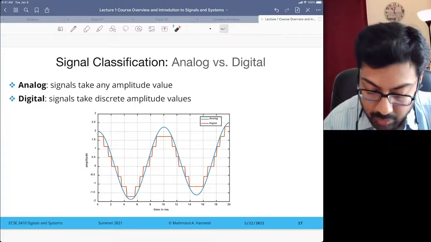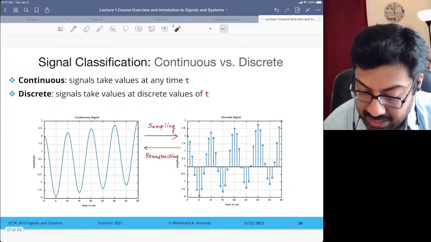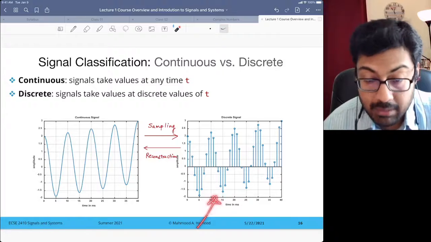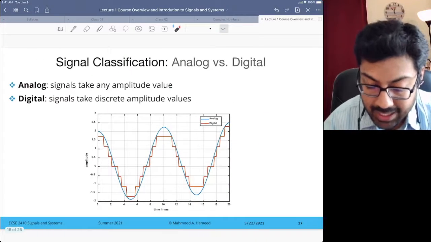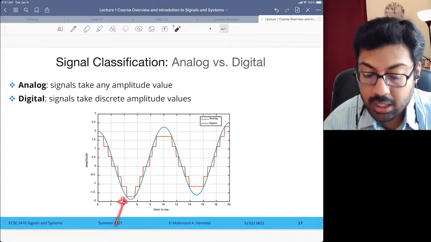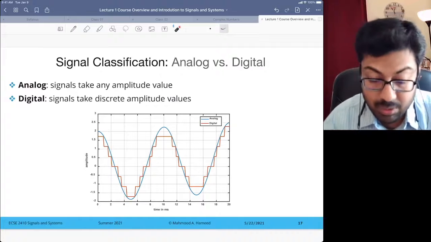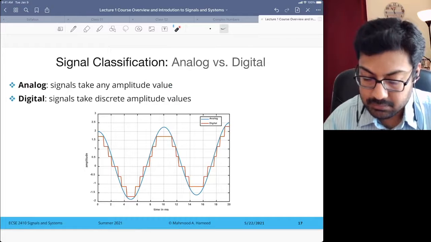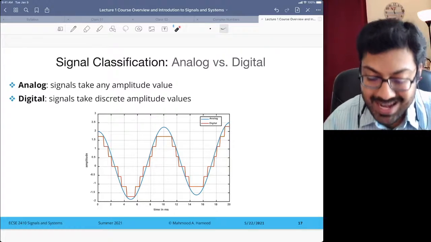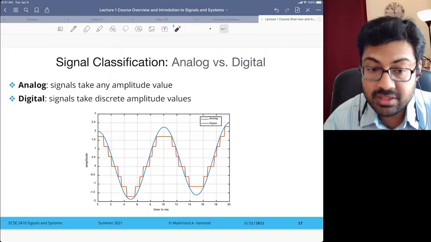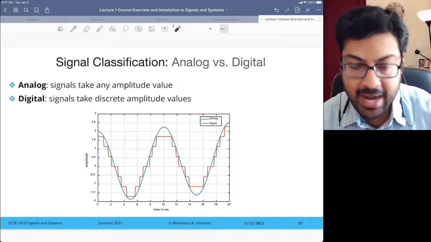The difference was that a discrete signal can only take discrete values in time, whereas a digital signal takes discrete values in amplitude on the y-axis. The blue line is the analog, and when you digitize it, it looks like a staircase signal in red.